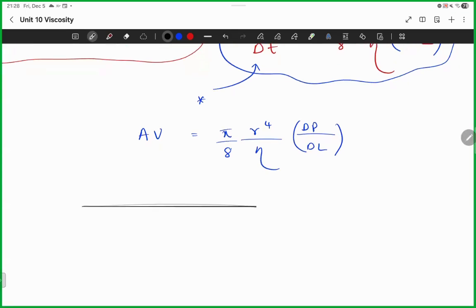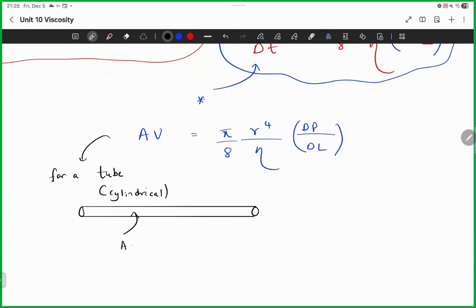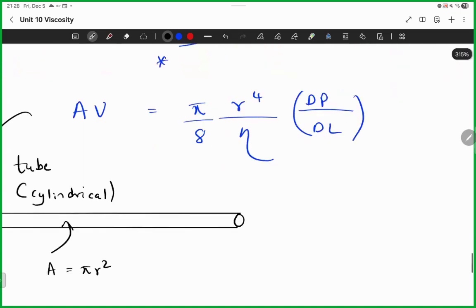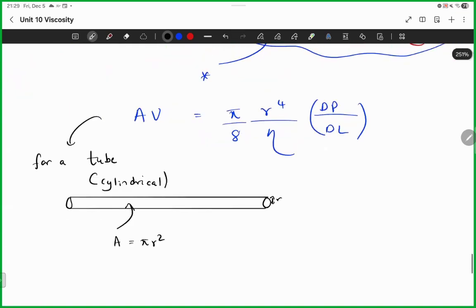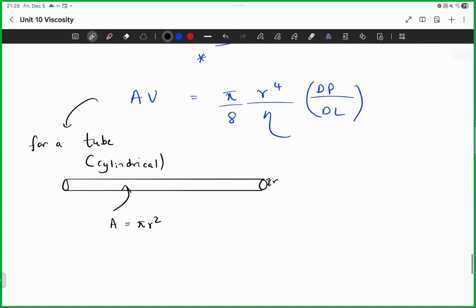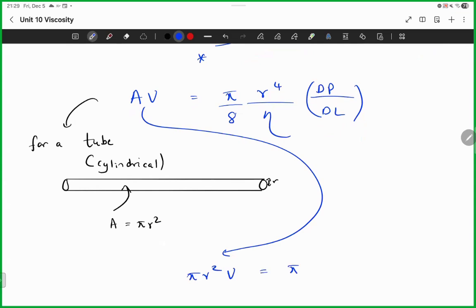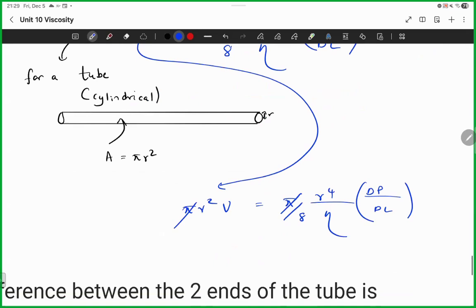Now, if I think of a tube, a cylindrical tube, then the area is pi r squared if the radius is r. Okay, so now I can substitute into this equation: pi r squared times velocity is equal to 5 over 8 r to the power 4 over eta delta p over delta L. This pi and this pi cancel off.